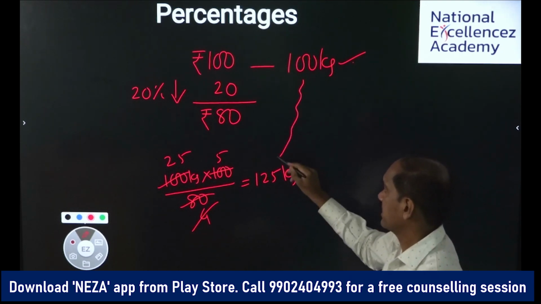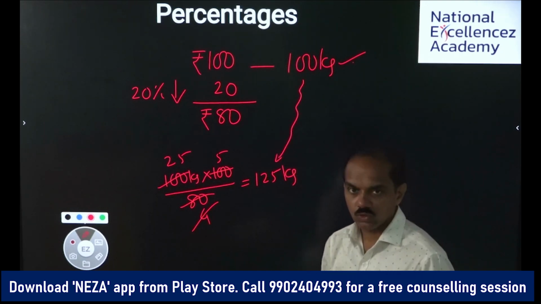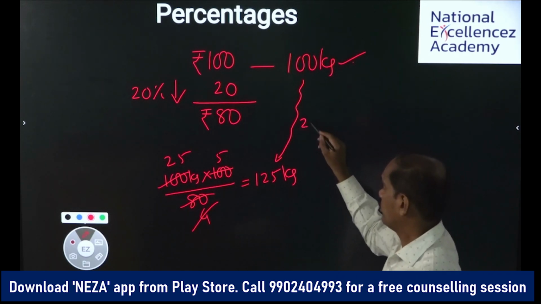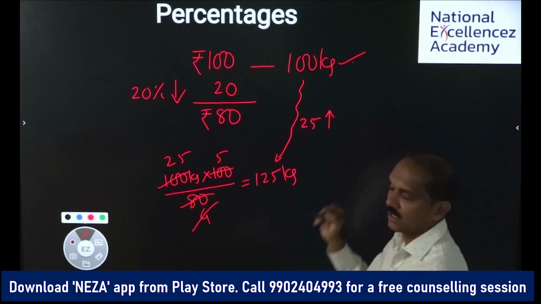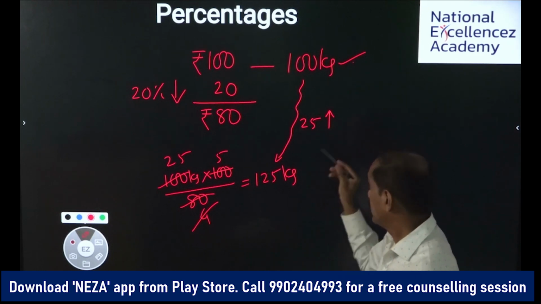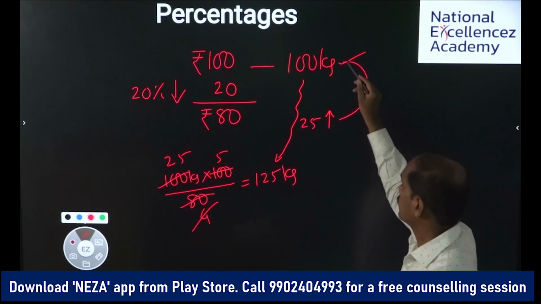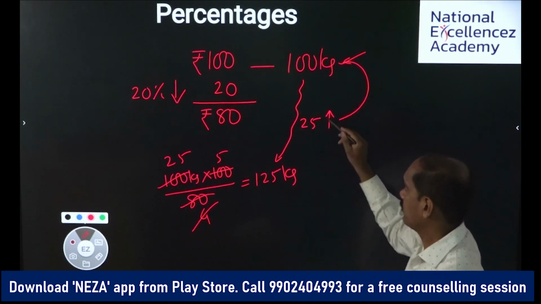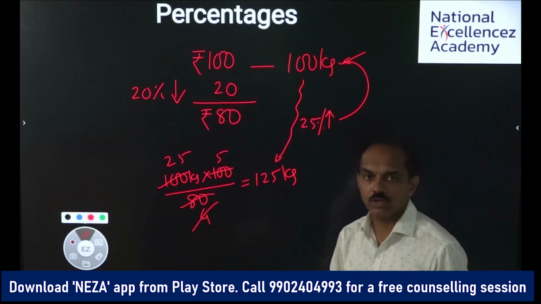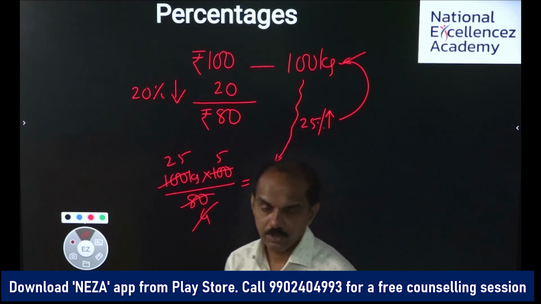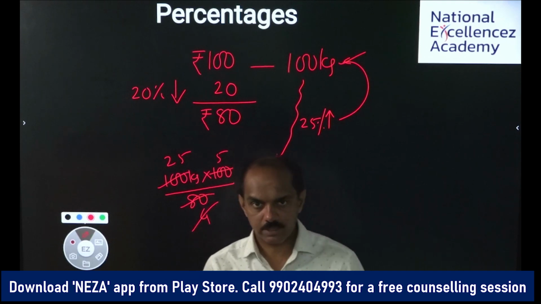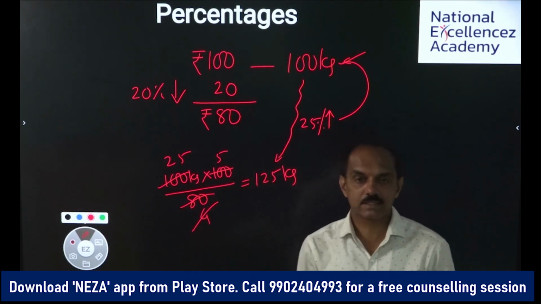Earlier it was 100, now you can consume 125 kg. So how much more? 25 kg more. This rise or fall is always on the original figure. For every 100, 25 more, meaning 25% more. So if the price is reduced by 20%, you can increase its consumption by 25%.